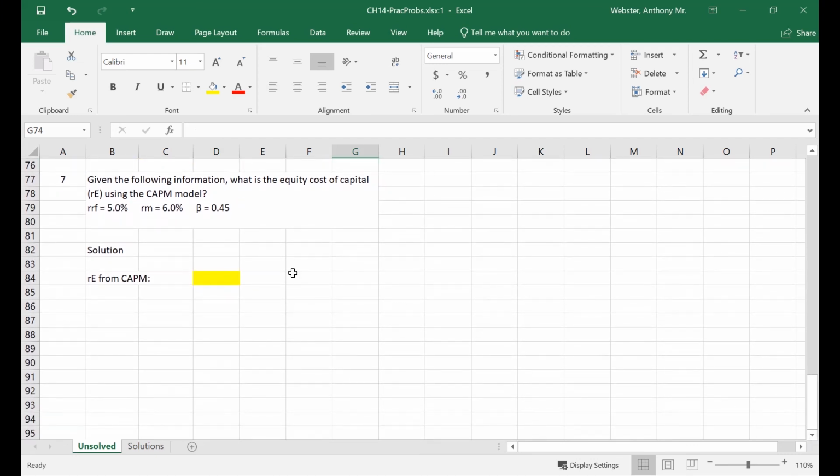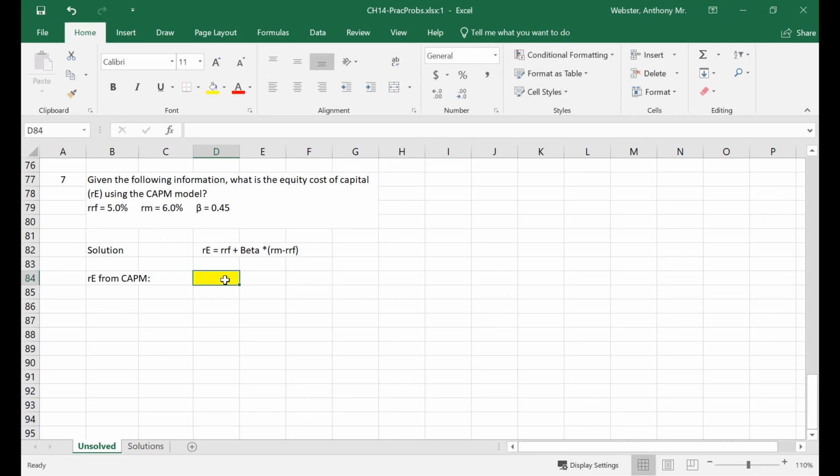Okay, finally, given the following information, what is the equity cost of capital, RE, using the CAPM model with these inputs? Okay, so remember that RE is equal to RRF plus beta times RM minus RRF. And it's really that simple.